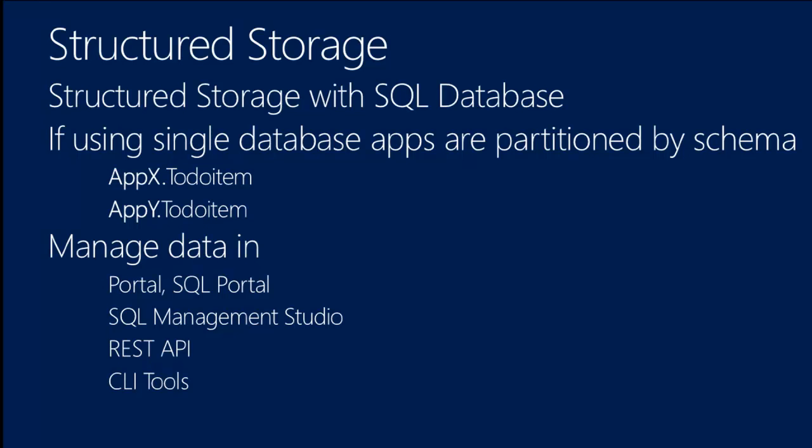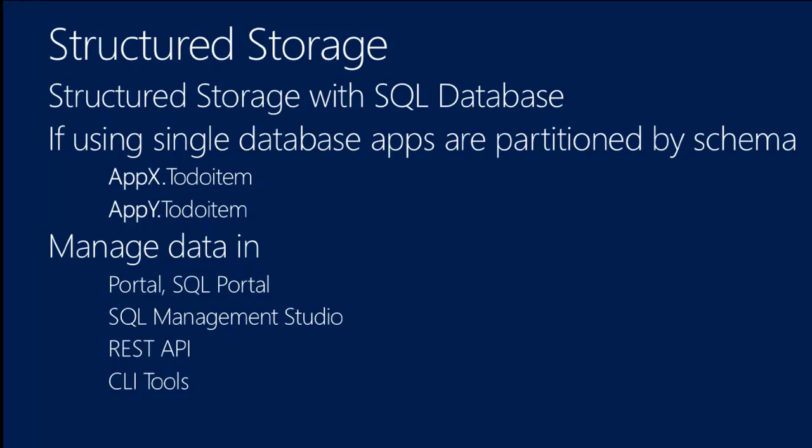You'll see some examples in my deeper dive session tomorrow where we deal with geolocation, but you can actually get access to the data. It's not locked away from you as developers. You can manage it in a number of places. You can manage it through the portal, which is where we saw it before. You can manage it through the SQL portal, built into the Windows Azure portal, which you can click into if you click Manage on your DBs. Or if you're familiar with SQL Management Studio, most people here know SQL Management Studio?